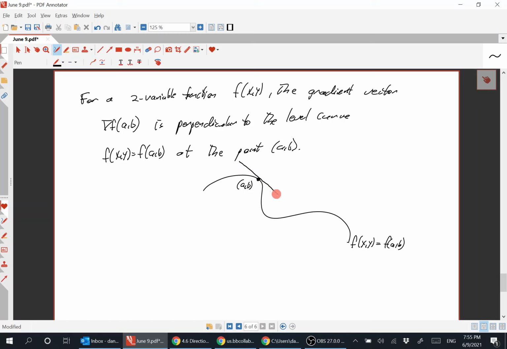the slope of the tangent line is dy/dx. But we showed that this is equal to, via partial derivatives, via the chain rule from the last section, the negative of the partial derivative with respect to x over the partial derivative of f with respect to y.